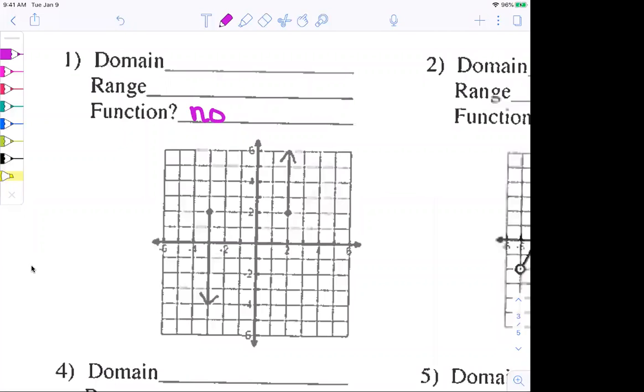All right, so the next thing we have to talk about then is the domain. The domain would be the stretch or the distance of the x values connecting from one to the other, from left to right. Well, if I just have 2 vertical lines, one vertical line is at -3, the other vertical line is at 2. These lines don't connect together horizontally.